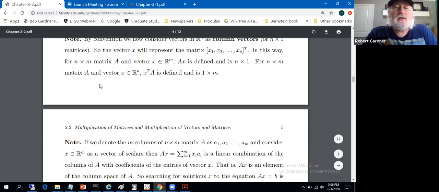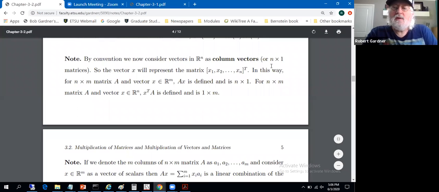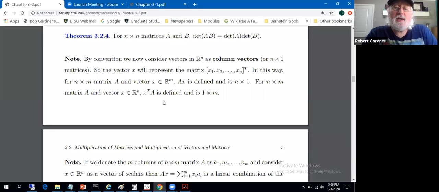Let's see, we could transpose the x, taking x from Rn, then the transpose will be 1 by n, then we'd have a 1 by n matrix times an n by m matrix. Second dimension here is n, first dimension here is n, they're the same. So that matrix product exists and results in a 1 by m matrix, if you like.